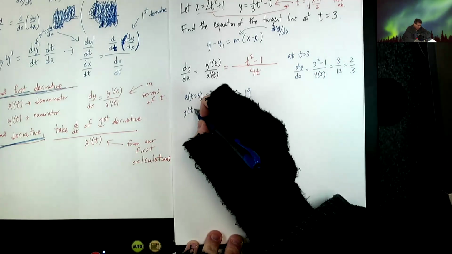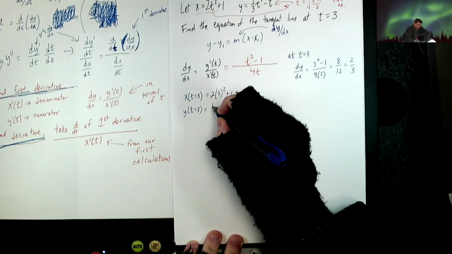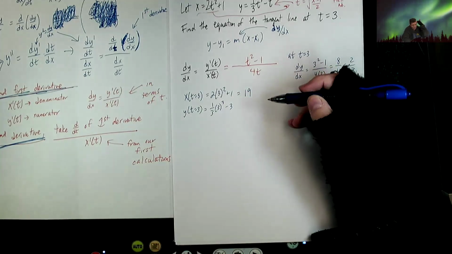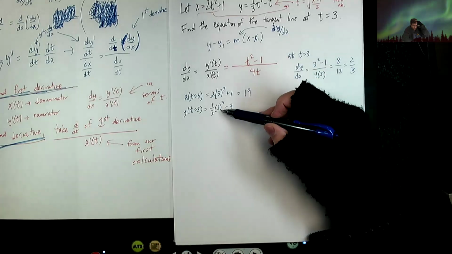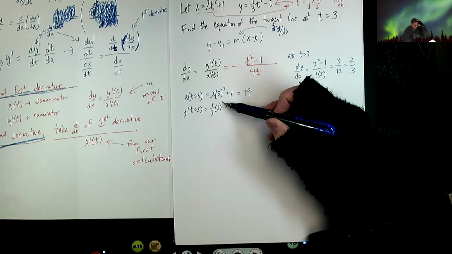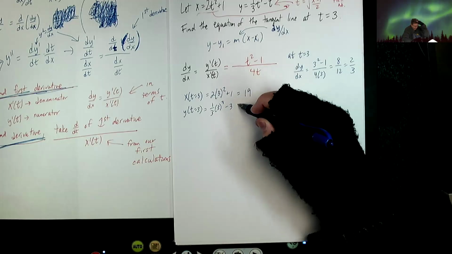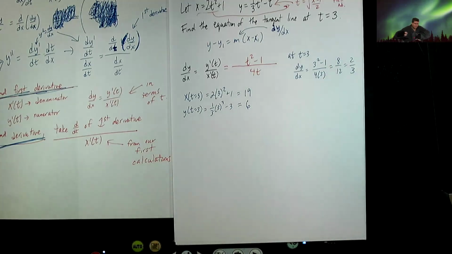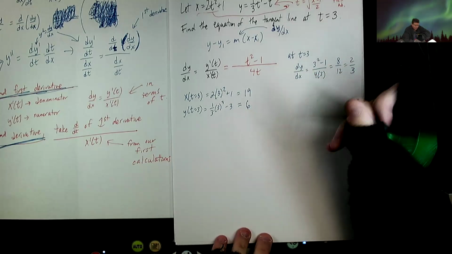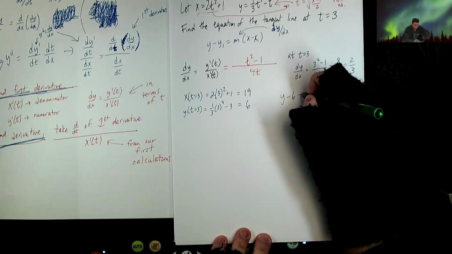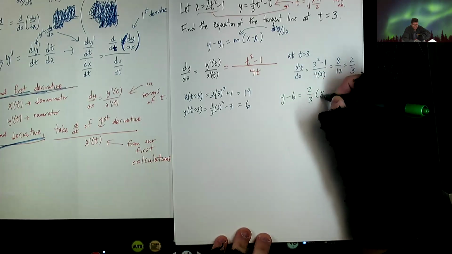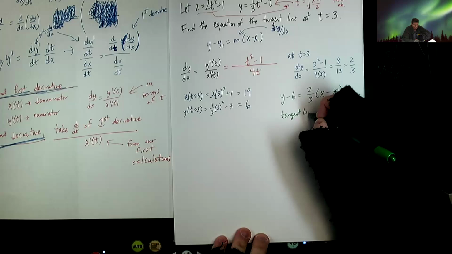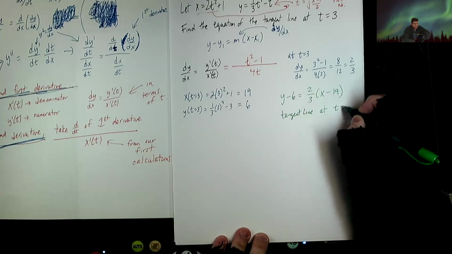If I do y at t equals 3, I have 1/3 times 3 cubed minus 3. The 1/3 cancels out one of the 3's. This is 3 squared minus 3. 9 minus 3 is 6. So I will have y minus 6 equals 2/3 times x minus 19. That's the tangent line to whatever graph we have at t equals 3.